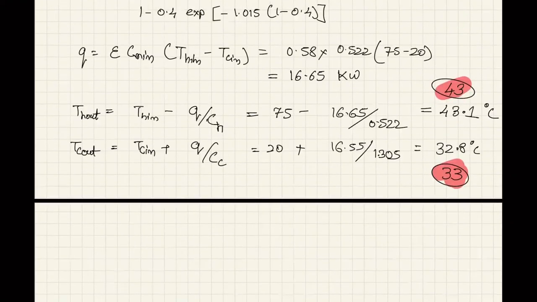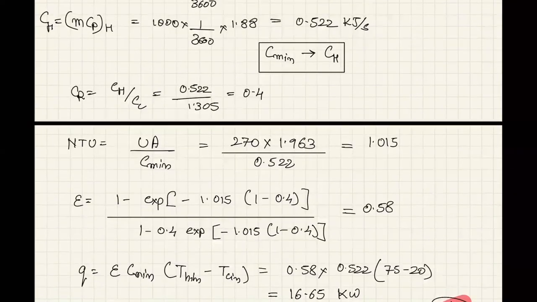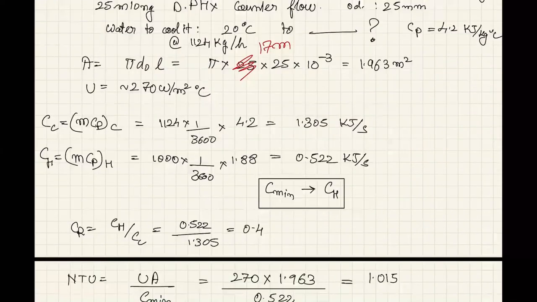You will get the desired answer, and in this case what you can do is a small homework wherein you take the value of length to be around 17 meters. So instead of 25, go for 17 meters, or else it will take hardly a minute.